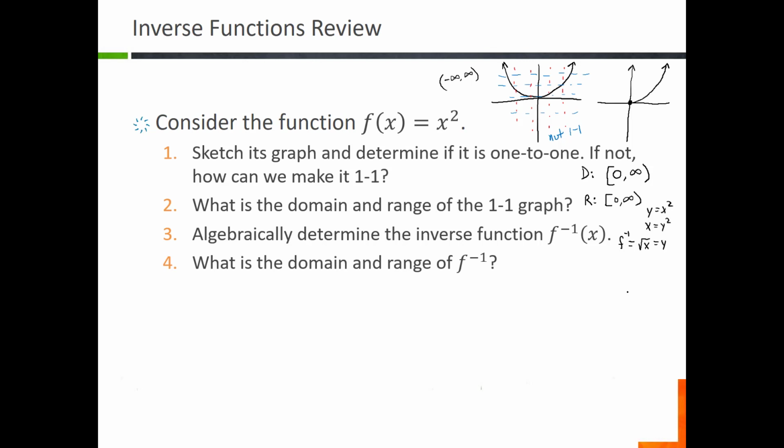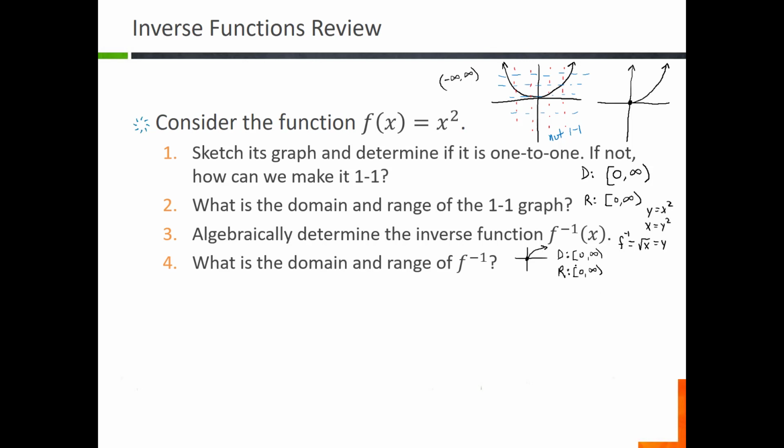Okay, what is the domain and range of the inverse function? Well, a square root function starts at 0 at the origin and goes up and to the right. So it has a domain from 0 to infinity, and its range is also from 0 to infinity, because it goes all the way to the right and all the way up.